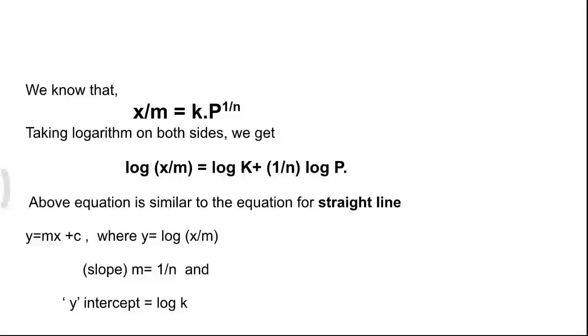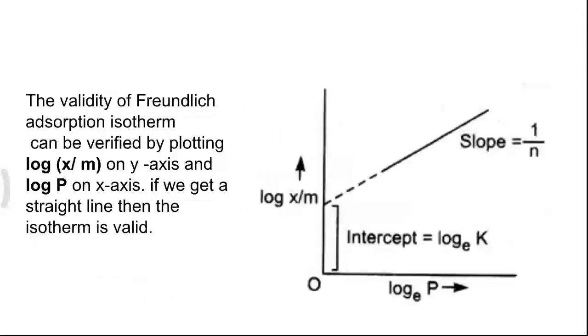Taking logarithms on both the sides, we get log x by m is equal to log k plus 1 by n into log p. The above equation is similar to the equation for straight line y equal to mx plus c, where y is equal to log x by m, the slope m is equal to 1 by n, and y-intercept is equal to log k.